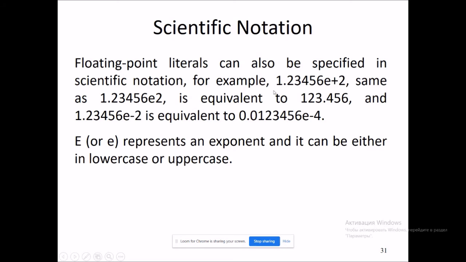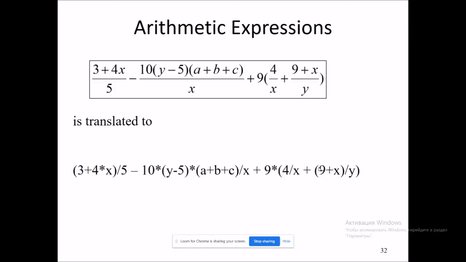It means that if you see this number after E, you are moving the floating point to the right by 2. Or if you see the same thing but with minus, you are moving the floating point to the left by 2. E represents an exponent, and it can be either in lowercase or in uppercase.